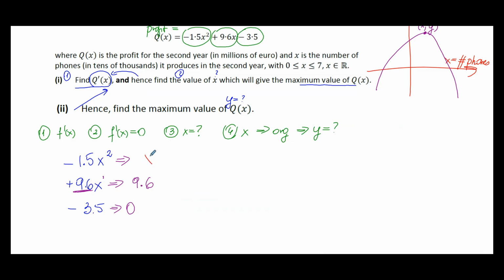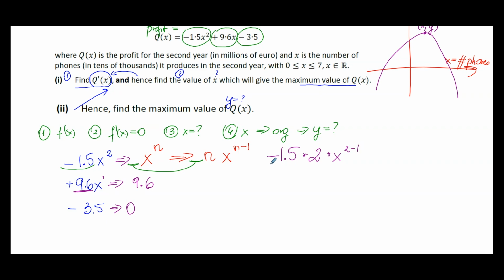So that means when x is taken to the power of n, then that n goes in front of x, and the power minus 1. What happens with the number that stands in front of x? That number will cross over. So in our case, applying that, minus 1.5 will cross over, multiply, then n is the power, my power is 2, multiply by x, and then the power, which is 2, minus 1.